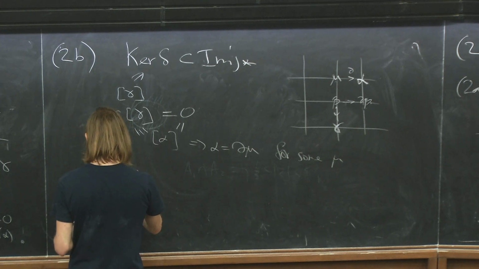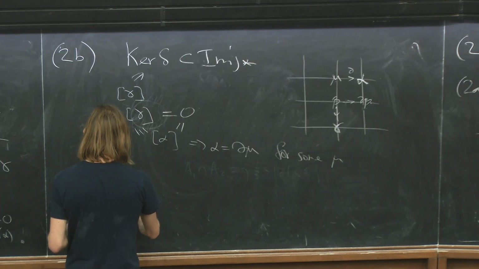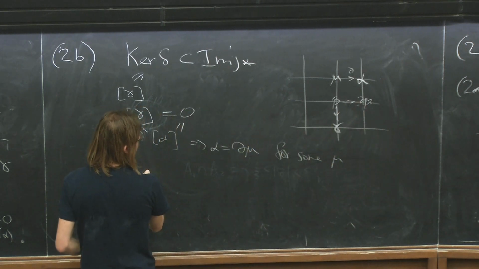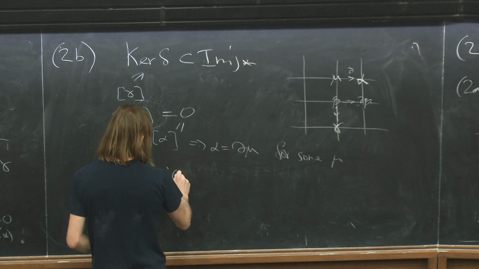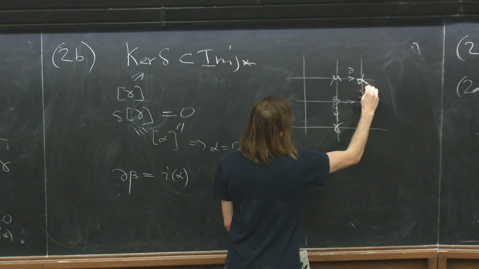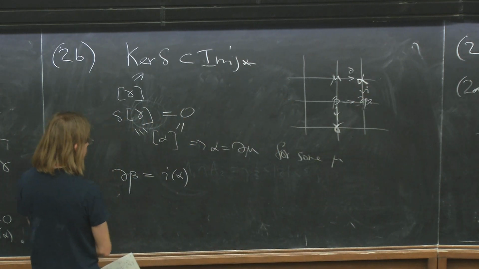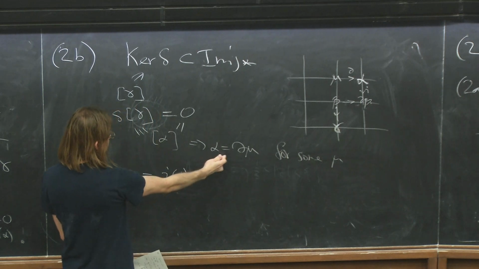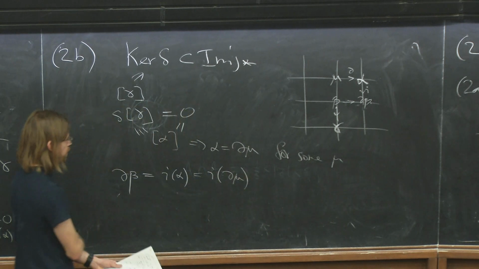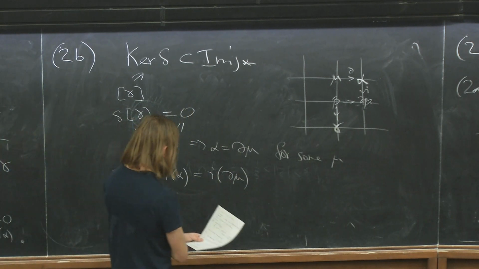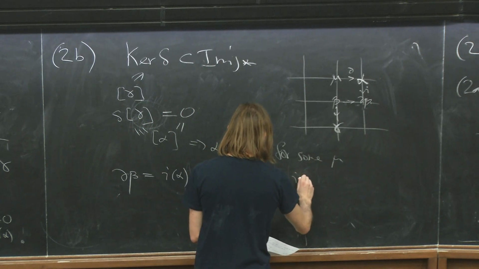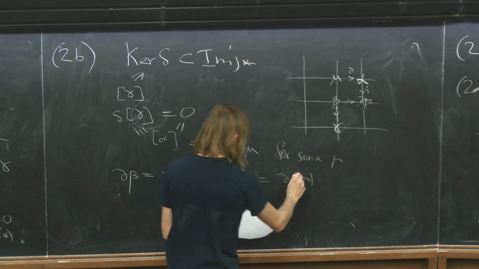So by construction, d beta is i of alpha, the i map. And now we can explicitly write alpha as d mu. So this is i of d mu. And again, we can exchange i and d like this.